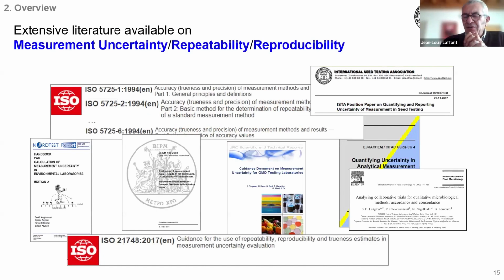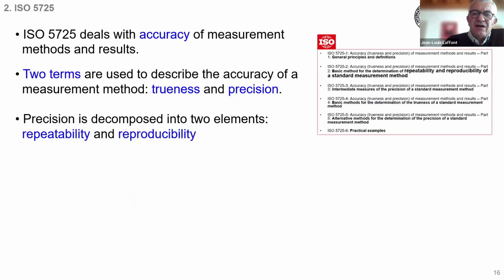The literature is very rich around these concepts, and there is one particularly important document, the ISO 5725 standard, which defines accuracy of measurement using trueness and precision. Further, precision in this document is decomposed into two elements, repeatability and reproducibility.